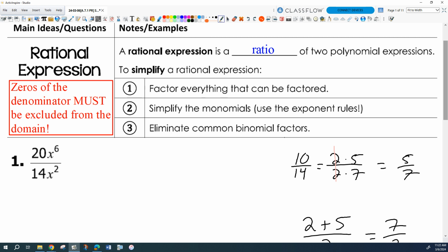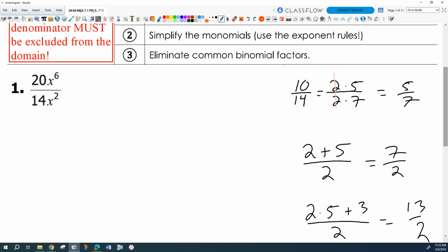So the other thing we can't do is divide by what number? 0. That is important now, right? So we have to exclude any value of x that would cause us to divide by 0. Look at our original function here. The denominator has an x in it.